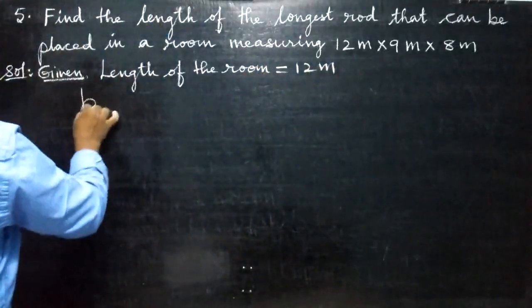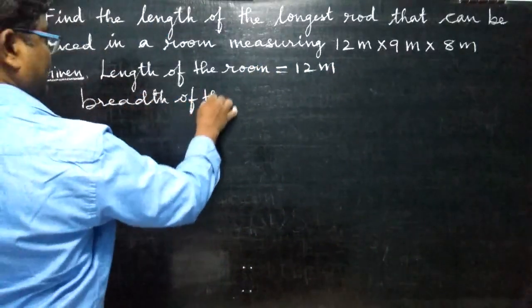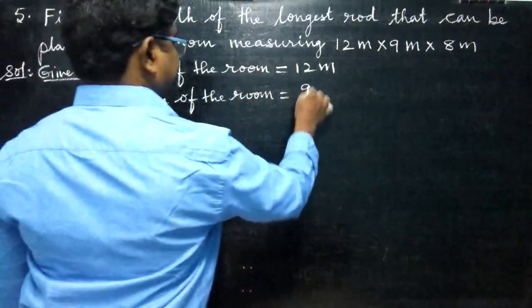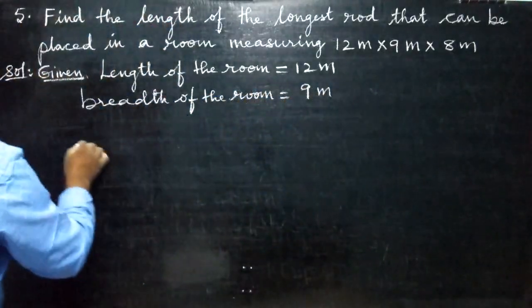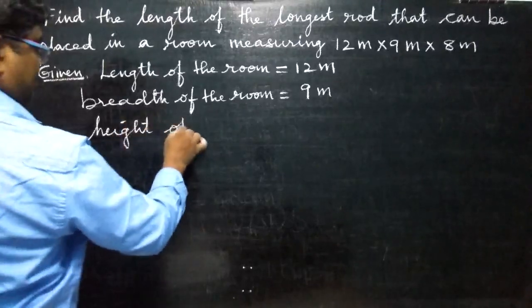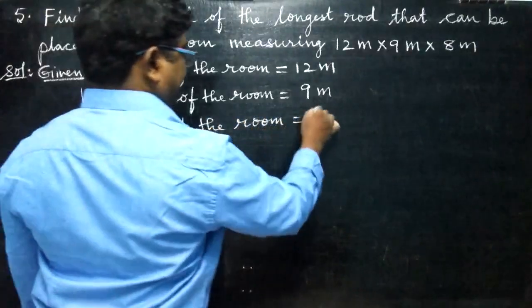Next, breadth of the room, 9 meters. Next, height of the room, 8 meters.